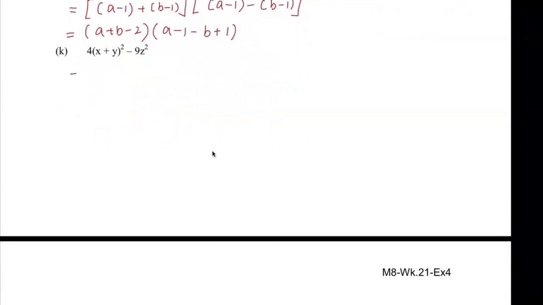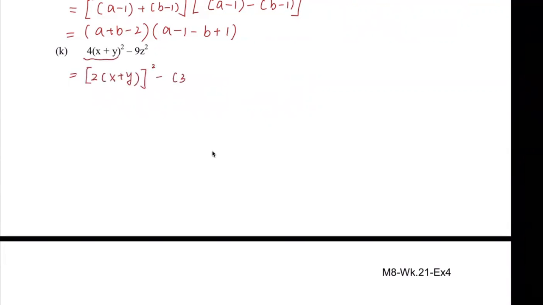K, let's do K. 4x plus y squared minus 9z squared. Again, this might not seem factorizable when you look at it. But if you do just a little bit of thinking, you'll realize that 4 can be written as 2 squared, so the first part can be written as 2 times x plus y squared. 9z squared is relatively easier.